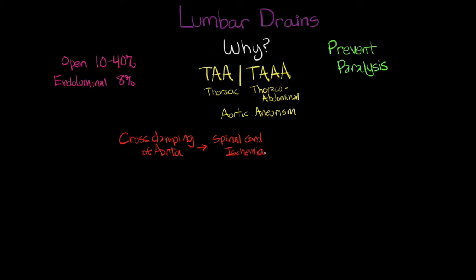Obviously we're clamping the aorta, so we're not getting perfusion to the spinal cord and other organs below the level at which the cross-clamp is. Ultimately, this spinal cord ischemia will lead to edema within the spinal cord. And so eventually, if untreated, the edema and ischemia can lead to the paralysis.